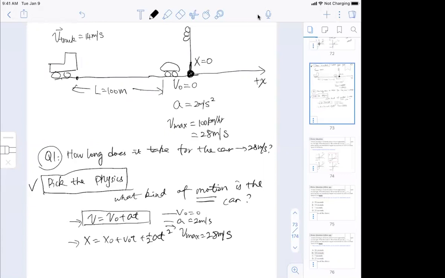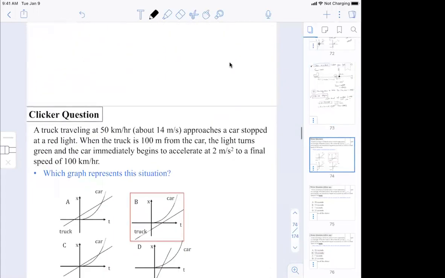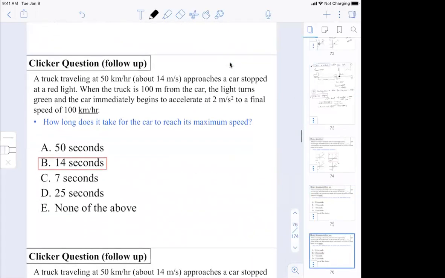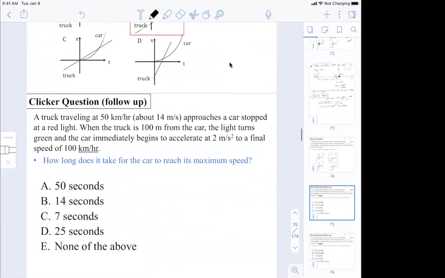Okay, so let's look at your voting results. I'll give you a little bit of time to finish your voting. Seems like 30% of the people have voted. So I'm going to go back to my question so you can take a look at it again. The question is, how long does it take for the car to reach its maximum speed?